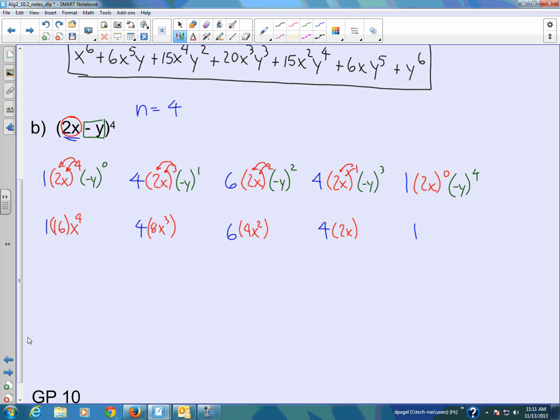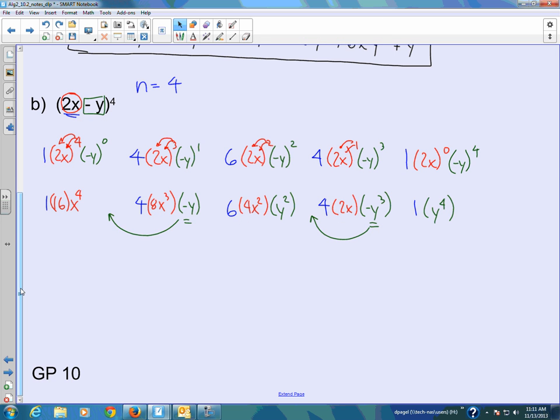Then we get negative y to the 1st, which is just negative y. Negative y squared is y squared. Negative y cubed is negative y cubed. Negative y to the 4th is just y to the 4th. Okay. Now I have, in some cases, negative terms, which means these will become negative.